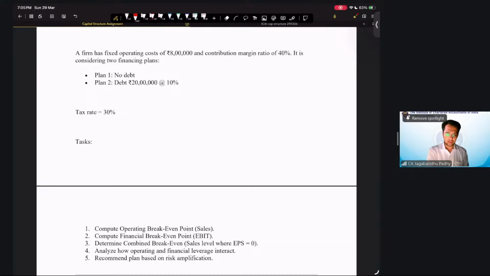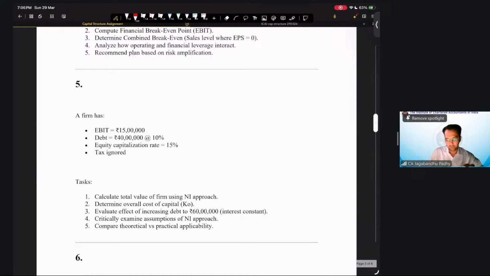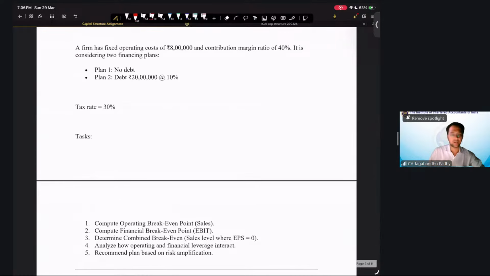It will take around 10 minutes for you to complete this question and 10 minutes for the break. So join back at 7:30 to discuss this one. First you solve this and then take a break, guys. After that, we'll look into the capital structure theory part. Okay, complete this.